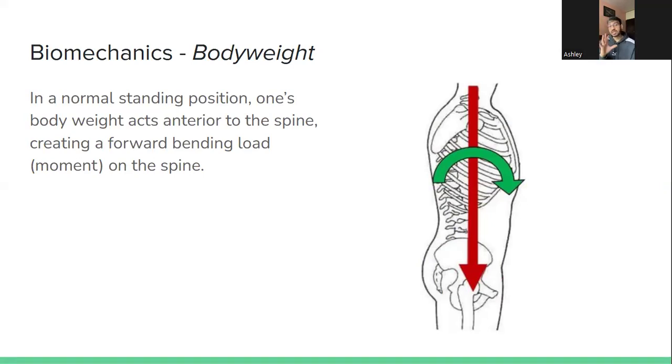So that is just something to keep in mind. Not always, because obviously if you're bending backward, then it's going to be doing that. But for the most part, your spine is more or less trying to counteract flexion for the most part.